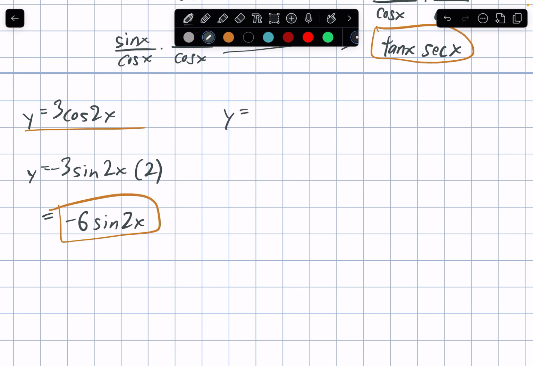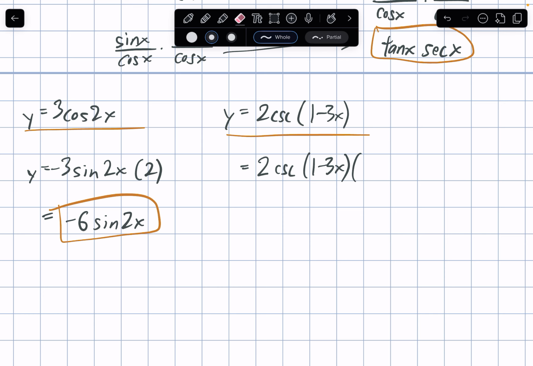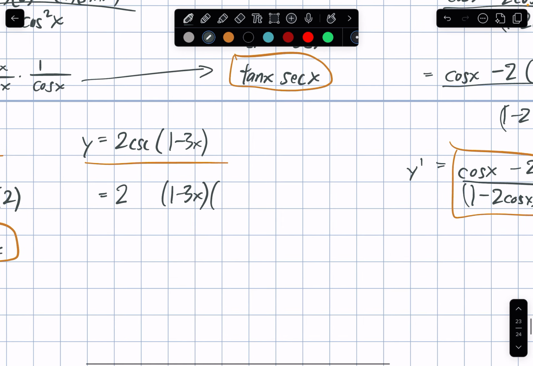Next. We have this. Cosecant of 1 minus 3x. The derivative of cosecant... okay. The derivative of cosecant is... what? Let me remember.